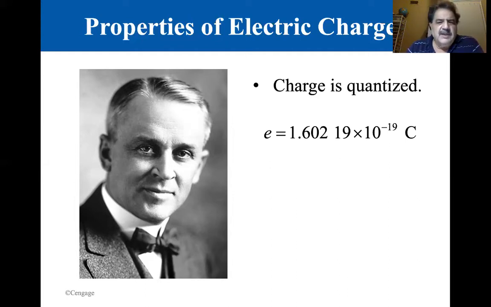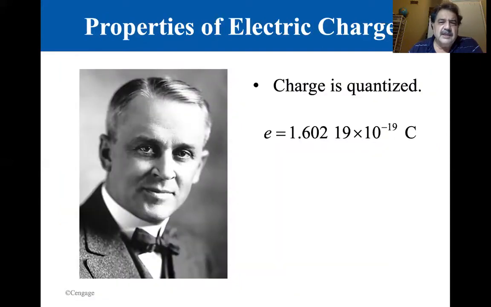We will deal with coulombs, but most of the time we're going to deal with nanocoulombs, microcoulombs, multiples of coulombs. If it's 300 nanocoulombs, then it's 300 times 10 to the minus 9 coulombs.